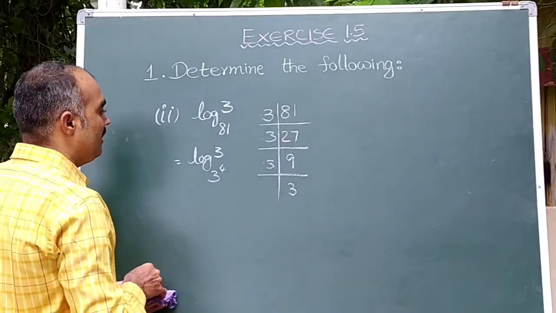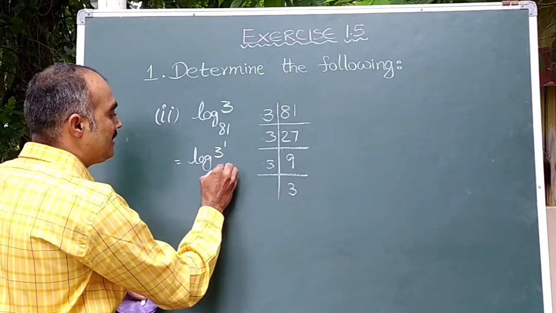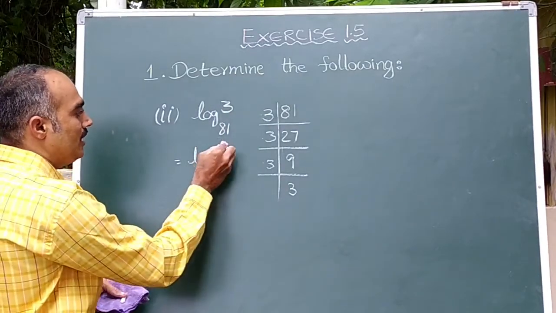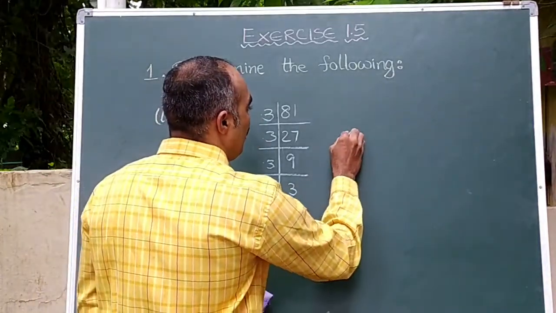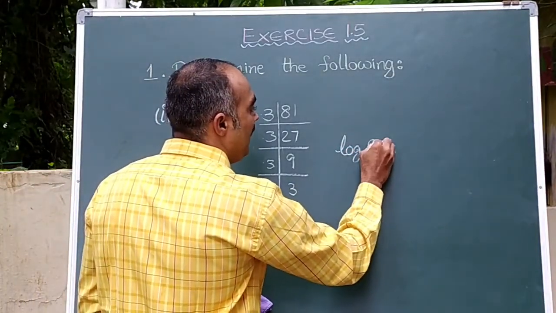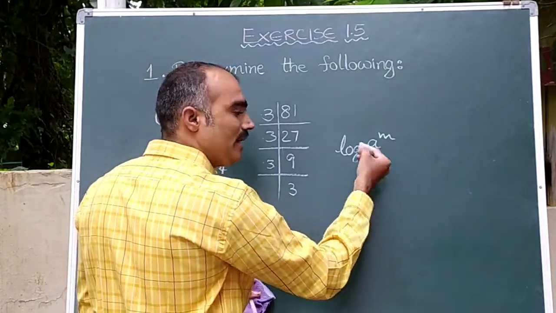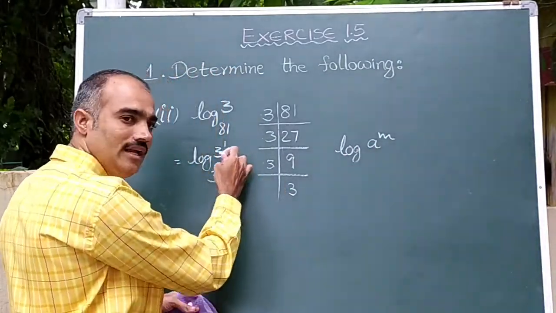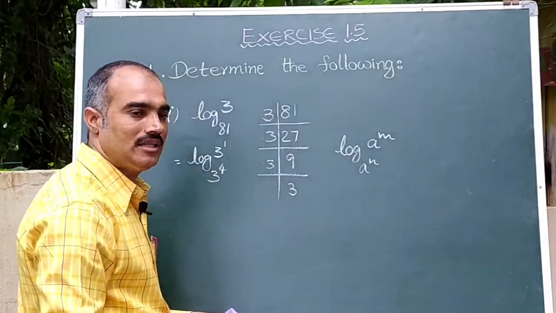Here again, there is nothing there, meaning 1. Here this is 4. Now again we have the formula, log a power m base b power n, or since both are equal we can take a power n. See how I am comparing the formula.